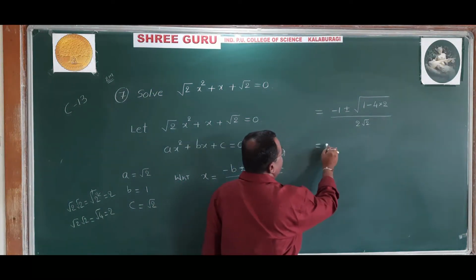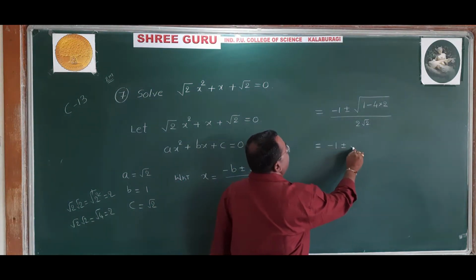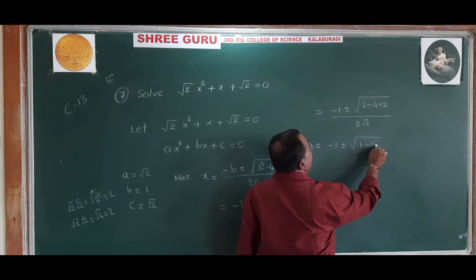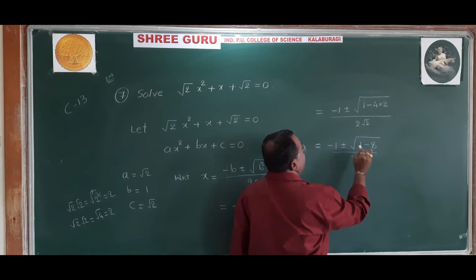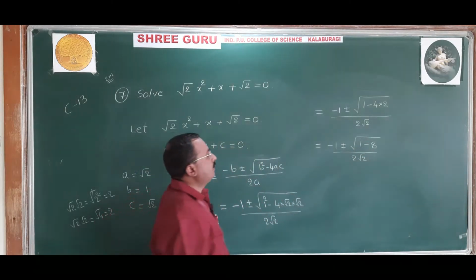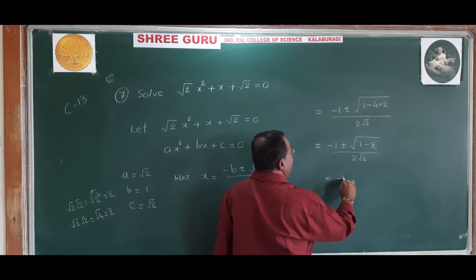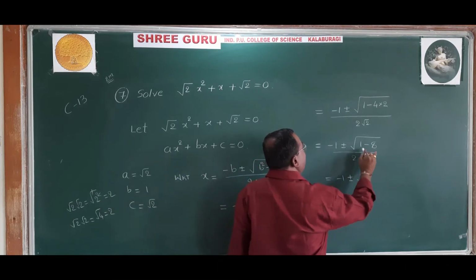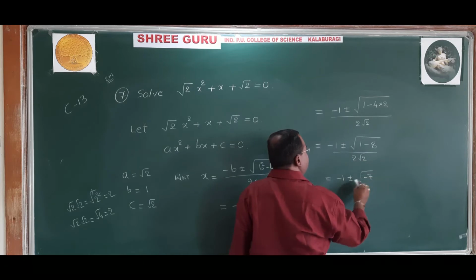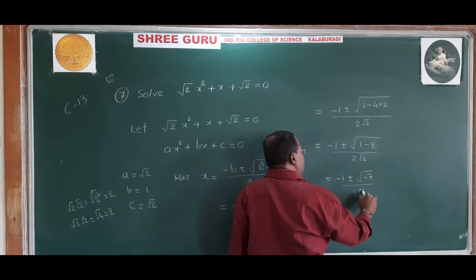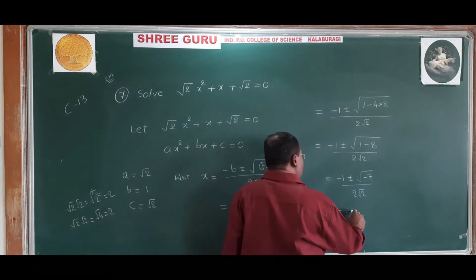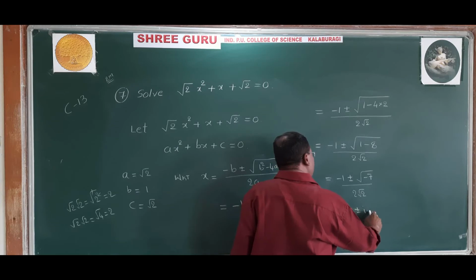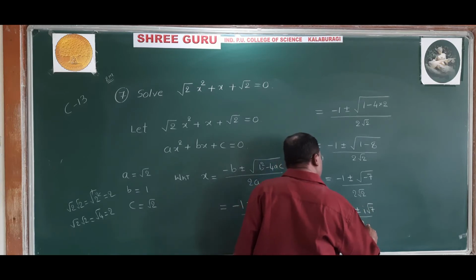This can be expressed as minus 1 plus or minus square root of 1 minus 8, 4 into 2 is 8, divided by 2 root 2. 1 minus 8 is what? Minus 7, divided by 2 root 2. Root of minus 7 is what? Minus 1 plus or minus i root 7 divided by 2 root 2.